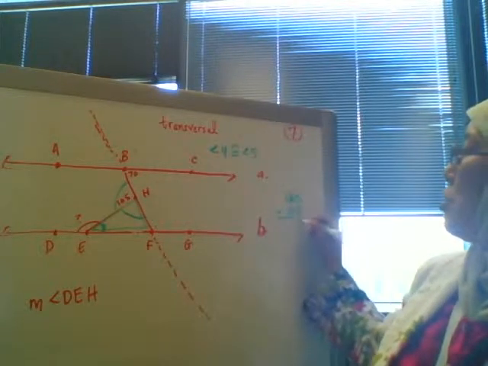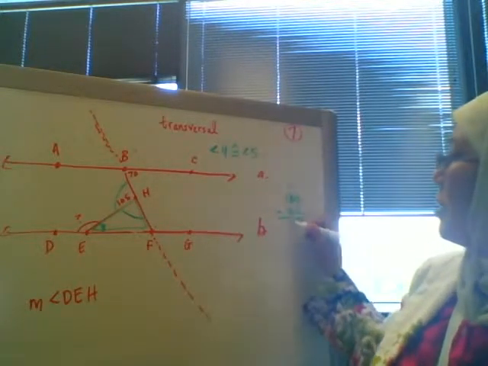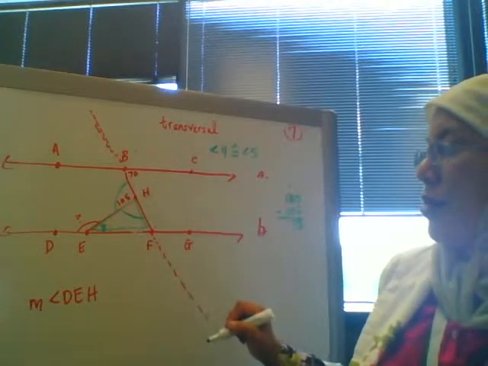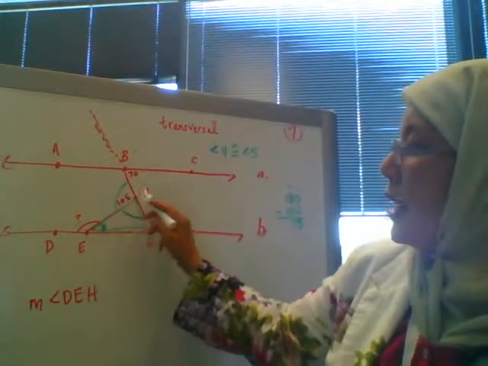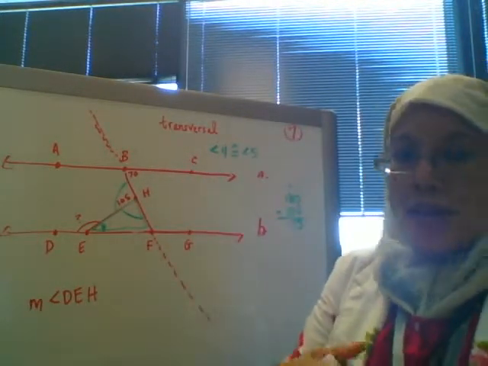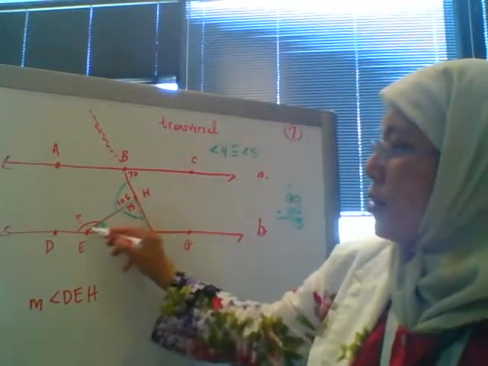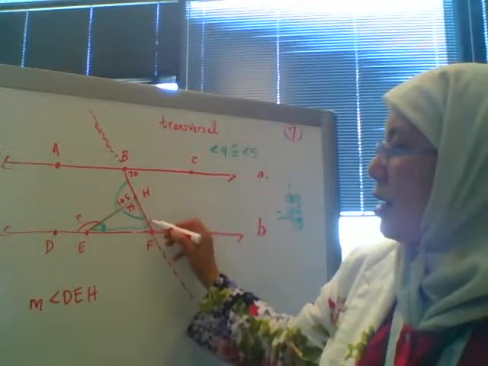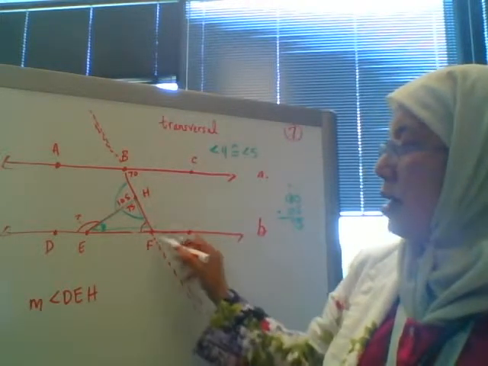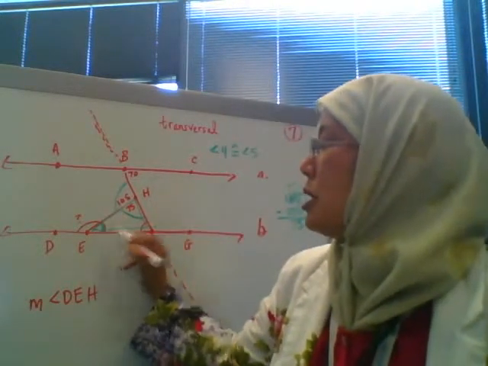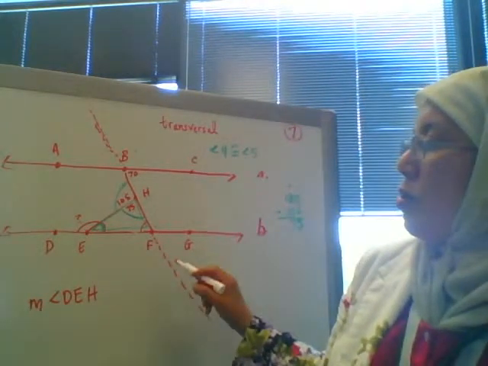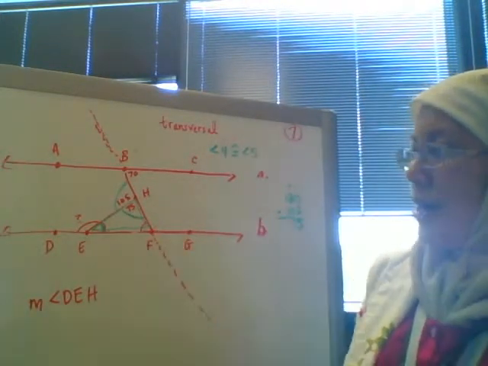We do some subtraction or use our calculator, and we get 75. So angle EHF is 75. We have one piece of the puzzle. There are three pieces here. We need to find the one where angle F is, and the one where E is. The sum is going to be 180.